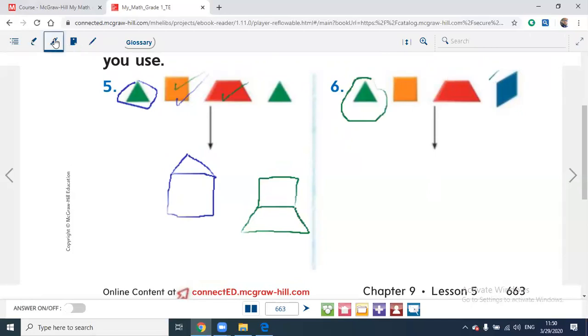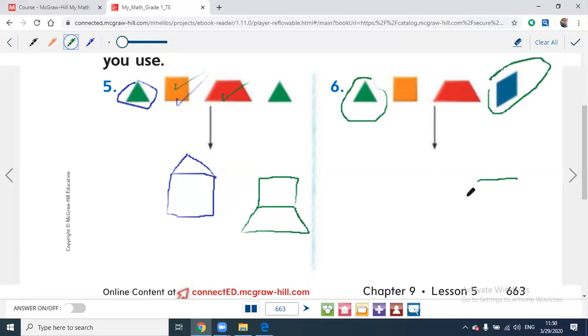Teacher. Yes? A giant car. Yes, Ibrahim. There's no shape. Teacher, circle face.